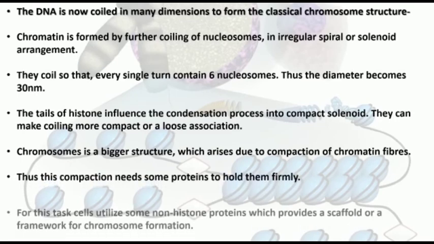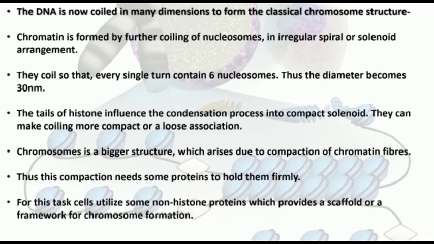The chromatin fibers contain some special sequences which bind to the scaffold, and they are called the scaffold associated regions, and they have various functions. They bind to the scaffold structure, aiding the chromosome assembly. As a result, the DNA is now coiled in many dimensions to give you the classical chromosome structure.